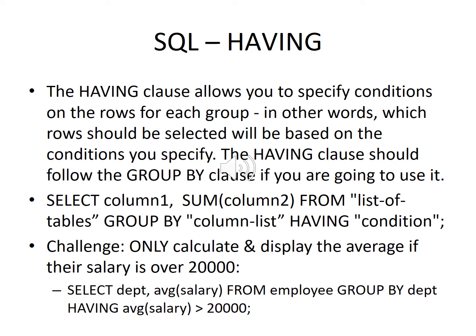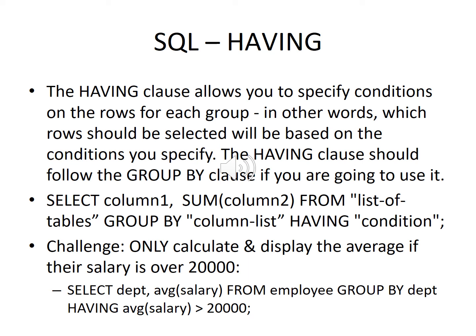Let's say, again, let's go back to the employees table that lists the employees along with the department that they're working at and the salary that they're making, and we want to calculate and display the average of the salary in each department if their salary is over 20,000.